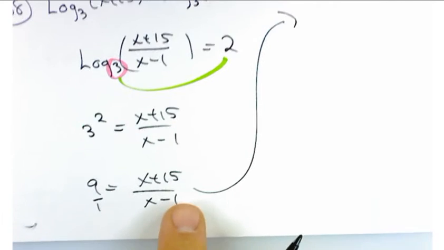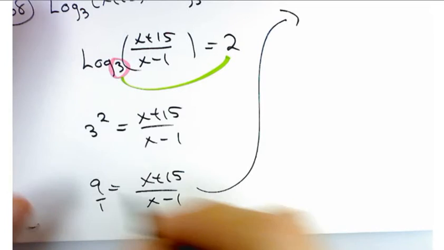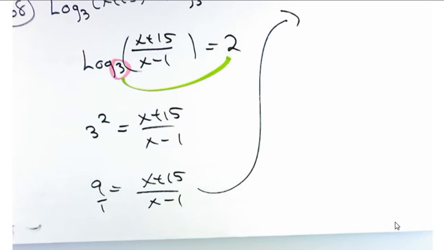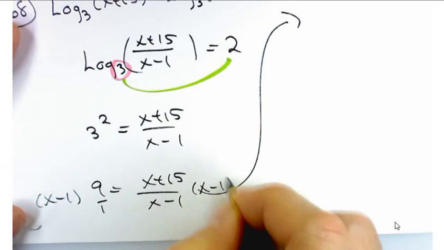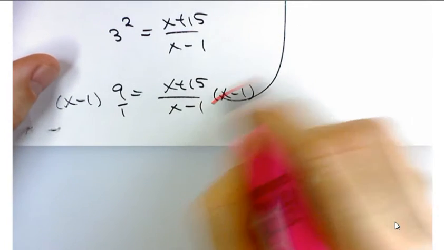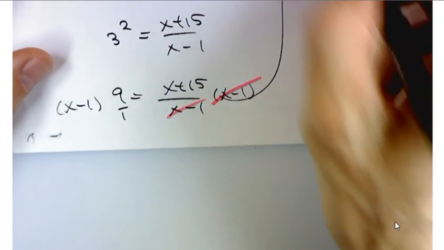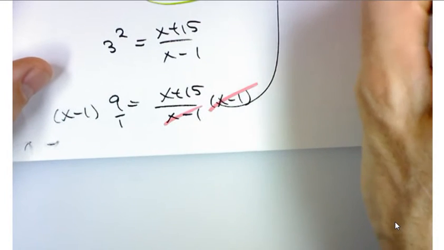The way cross multiplying comes about is that you're multiplying both sides by the lowest common denominator, and the lowest common denominator in this case is x minus 1. So if I multiply by x minus 1 here and x minus 1 here, I get that cancellation on the right-hand side. And on the left-hand side, I'll get 9 times x minus 1, or 9x minus 9 equals x plus 15.